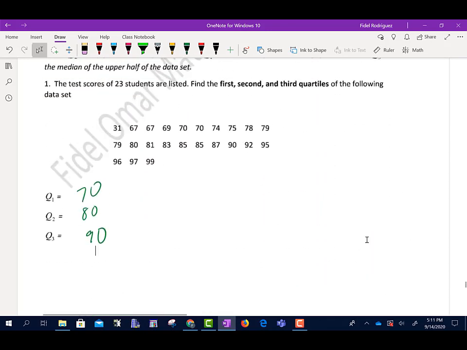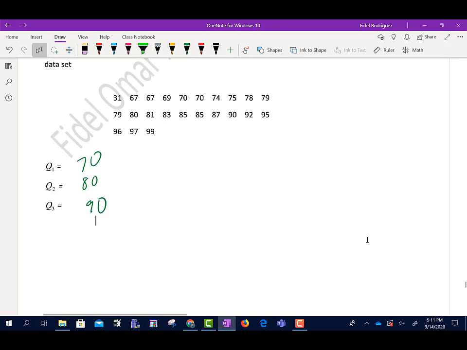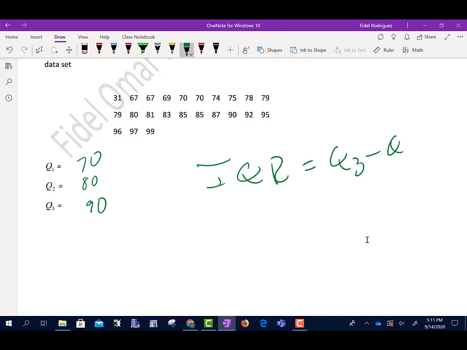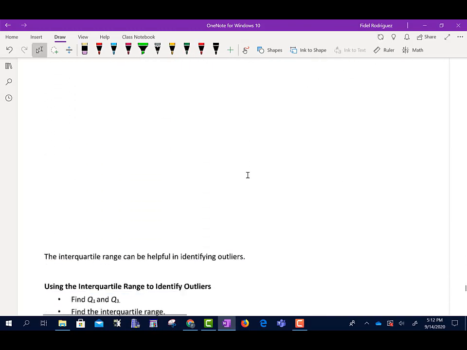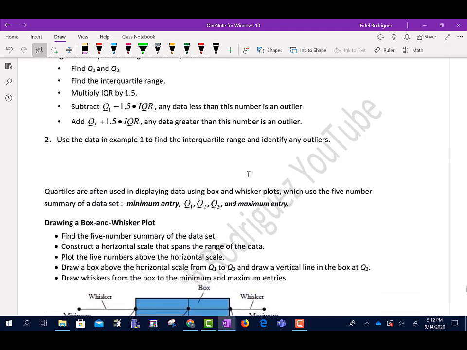So if I scroll back up here, Q1, Q2, and Q3, right? I know my IQR is going to be Q3 minus Q1, which is 90 minus 70, which gives me 20. So we're going to take that number 20 and multiply it by 1.5.